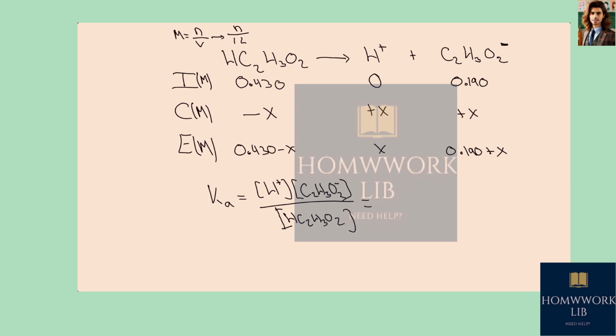Replacing these concentrations with the values at equilibrium, we end up with X times 0.19 plus X divided by 0.430 minus X. And this is going to be equal to the given Ka, that is 1.8 times 10 to the minus 5.